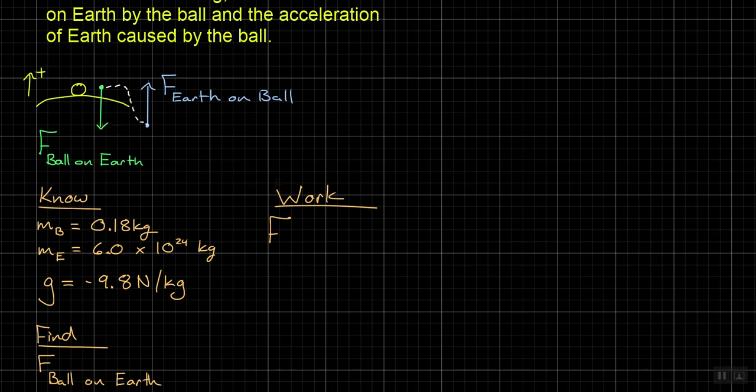So I know two things then. As I'm looking, the force of the ball on the Earth, which is what we're really looking for, is equal but opposite to the force of the Earth on the ball. Everybody on board? That's like an immediate application of Newton's third law. Which one can I start plugging into and using? I mean, either of them realistically. Do you know the mass of the ball?